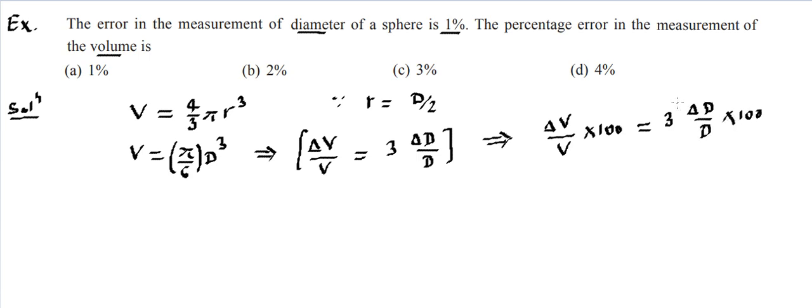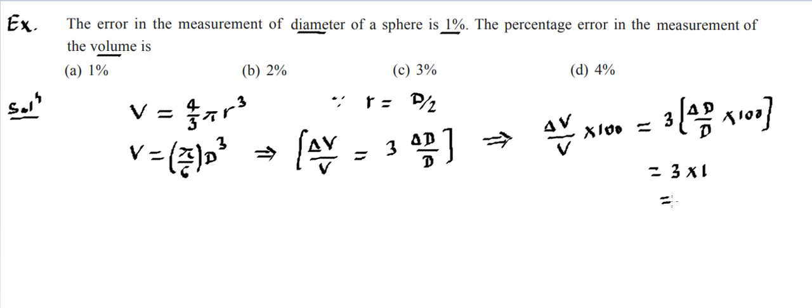Now if we combine this together, that's called the percentage error in diameter, and this is the percentage error in volume. Since the percentage error in diameter is given to us as 1%, this will become 3 into 1.